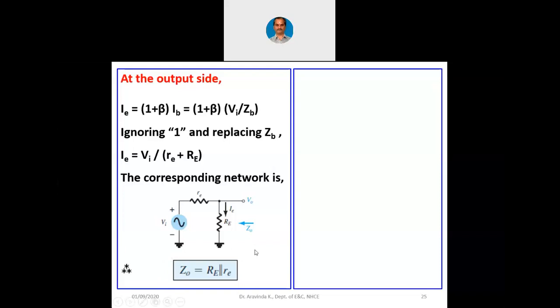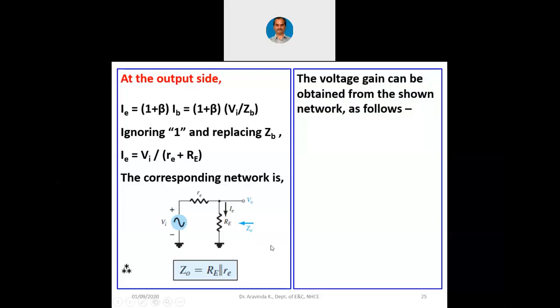So out of the many ideal requirements which we have, some of them are available with some configurations. So we connect all of them later on as a multi-stage amplifier to get all our expected characteristics. So your Z0 is capital Re parallel with small re.